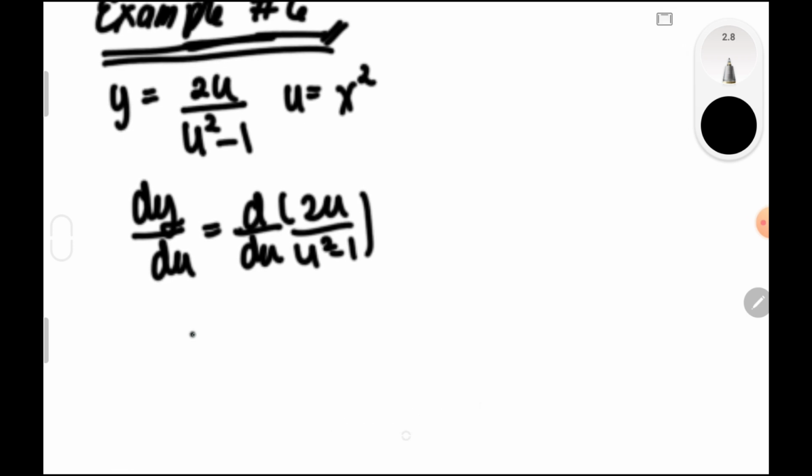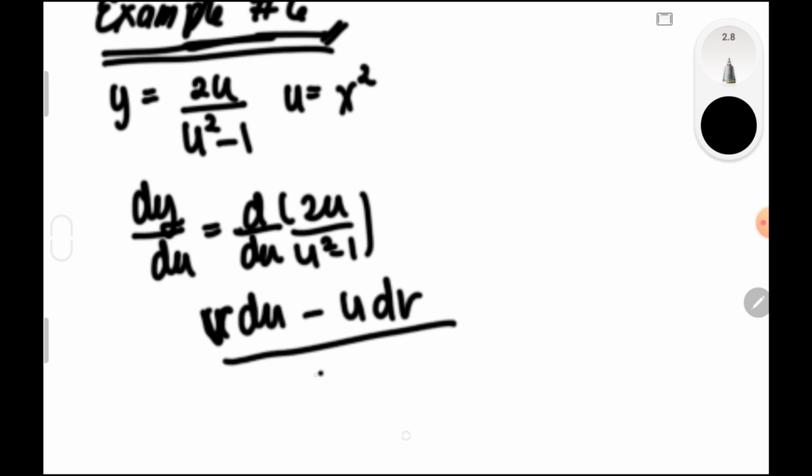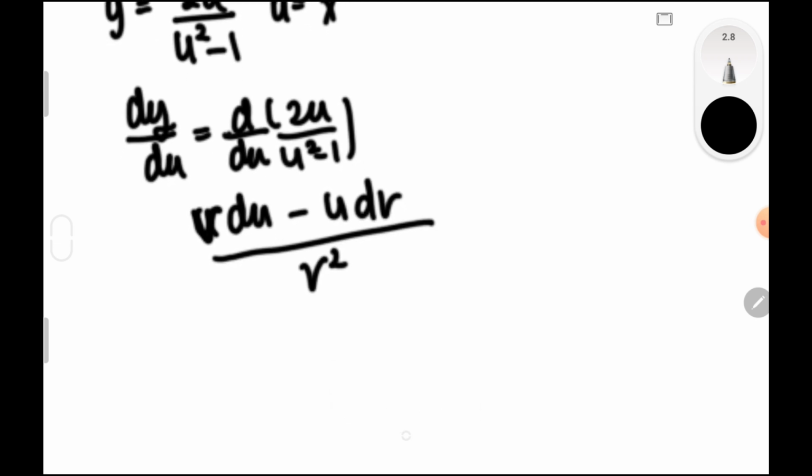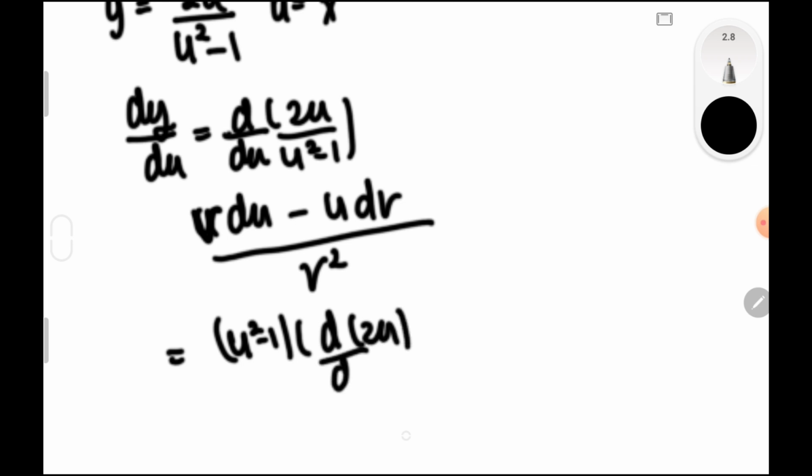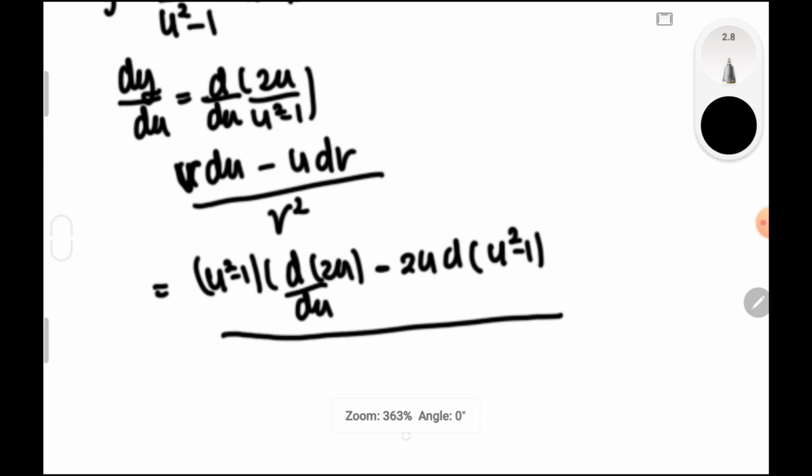So we will have a value equal to v du minus u dv all over v squared, wherein v is equal to u squared minus 1 multiplied by the derivative of 2u with respect to u, minus 2u multiplied by the derivative of u squared minus 1, all over v, which is u squared minus 1 squared.